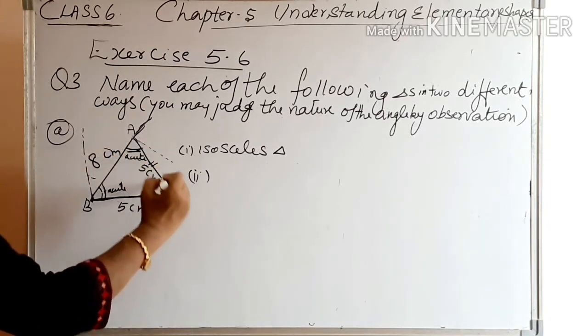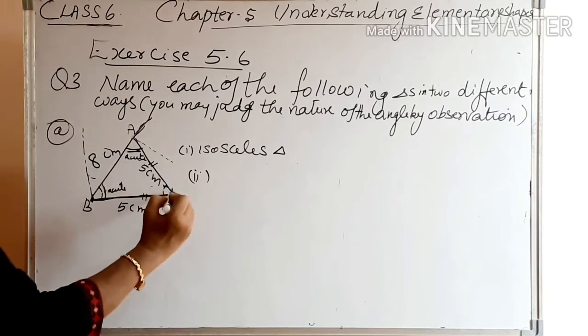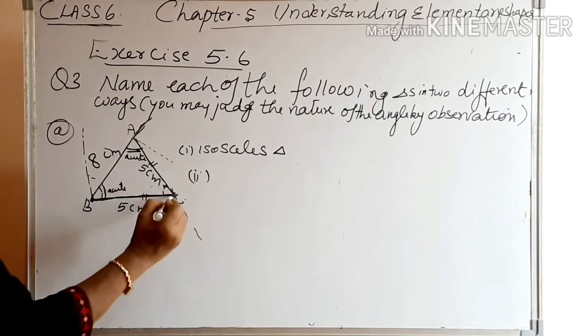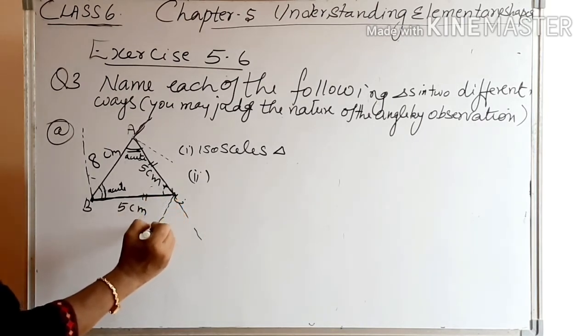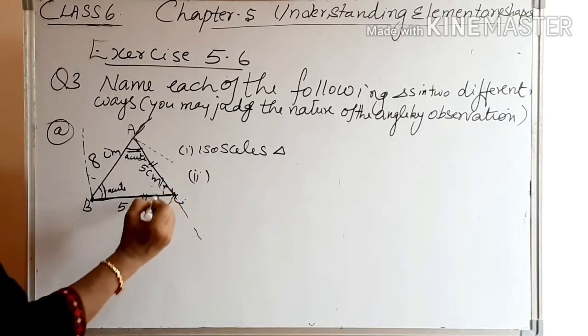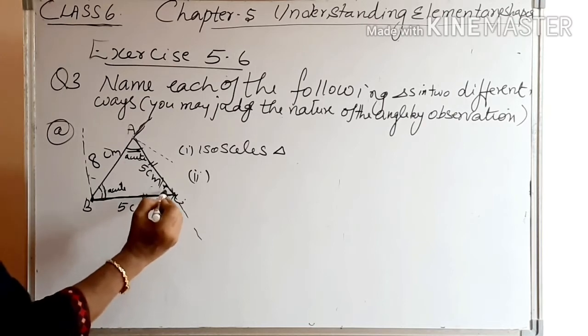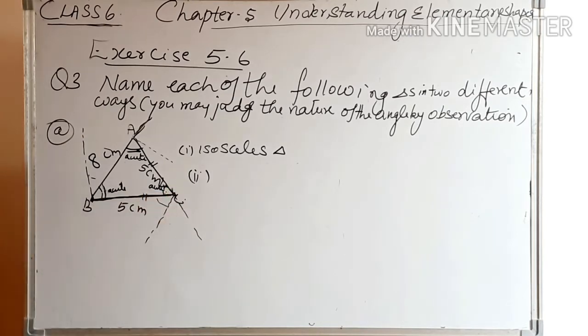Now consider AC as the baseline. I am extending this. From this point I am going to draw the perpendicular. This angle is 90 degree, that means this is less than 90 degree, acute angle.